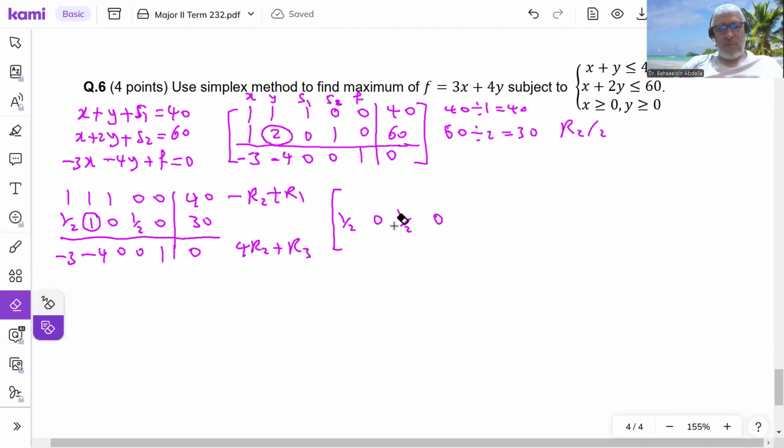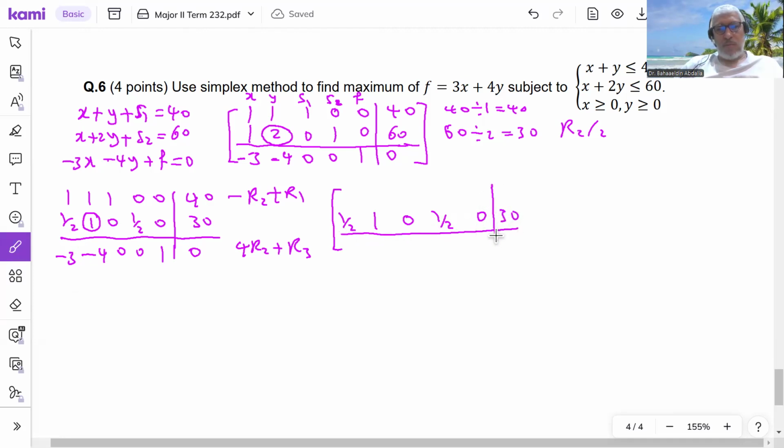I forgot a number. Let me do the objective row first. 4 times half is 2, -3, -1.